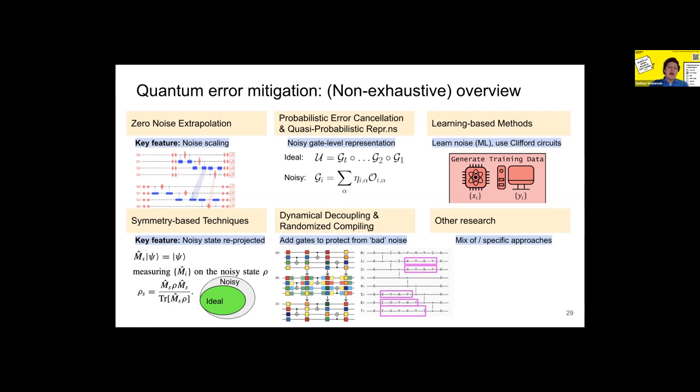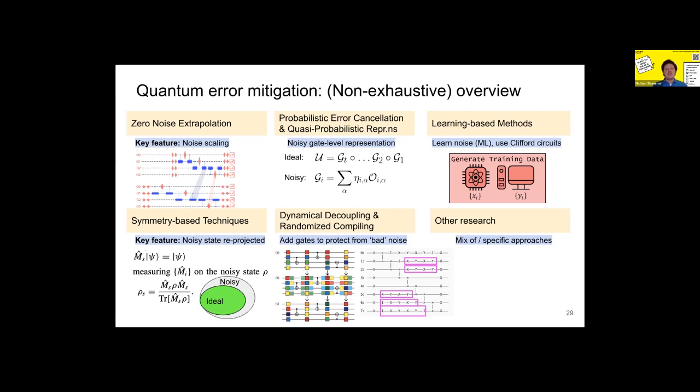And randomized compiling is a quite similar technique that you see here exemplified on the left. Let's imagine that you start with an ideal quantum circuit here on the left that you want to run. What you actually do is that you apply some gates before and after the gates that you want to apply. To some extent, this technique is also called twirling.